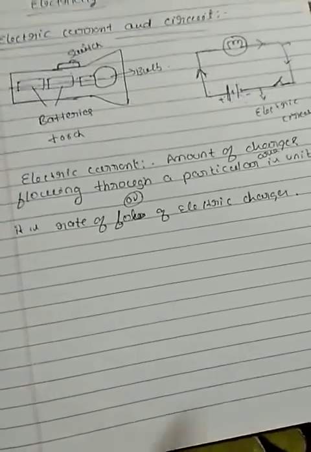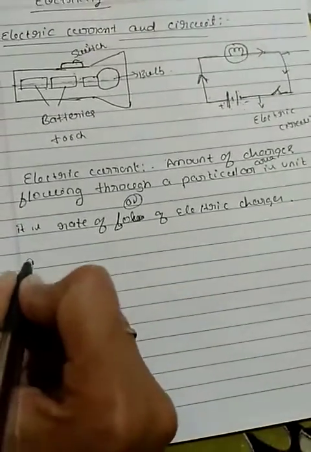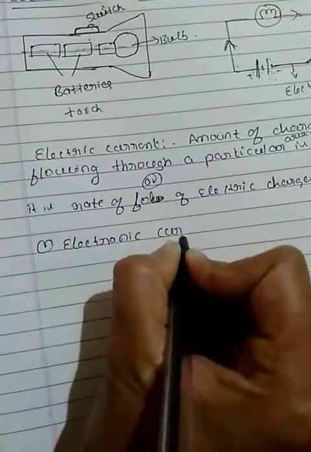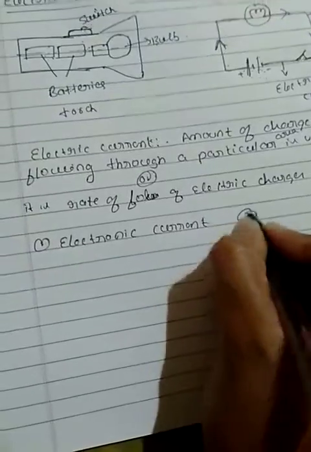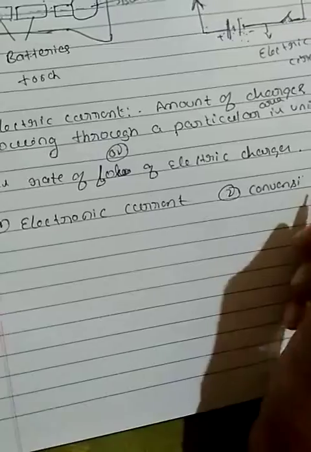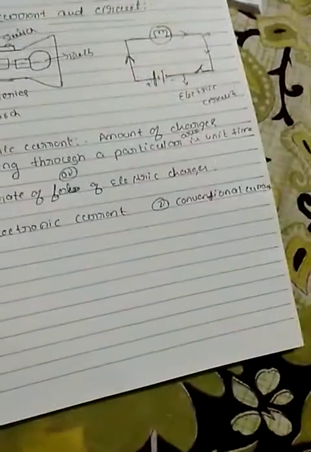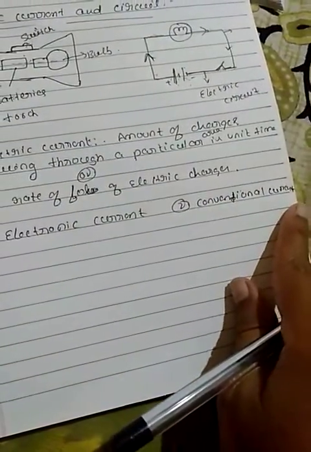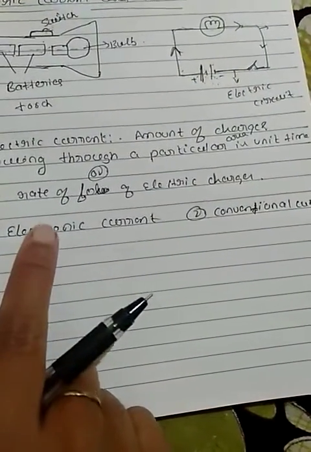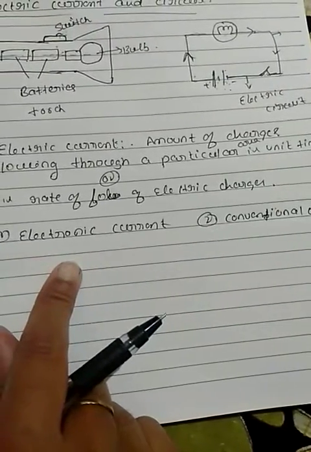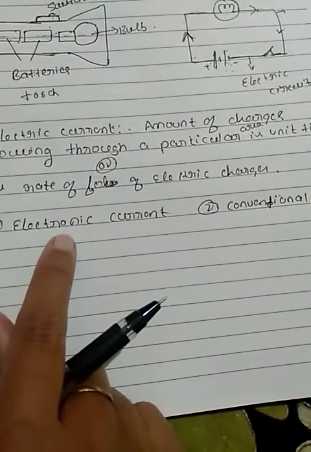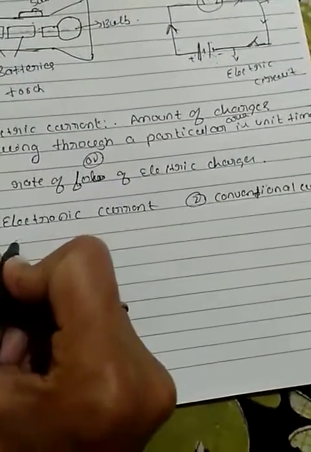Here there are two types of electric current. One is electronic current. Another one is conventional current. Electrons were not known when the phenomenon of electricity was first observed, so electric current was considered to be the flow of positive charges.